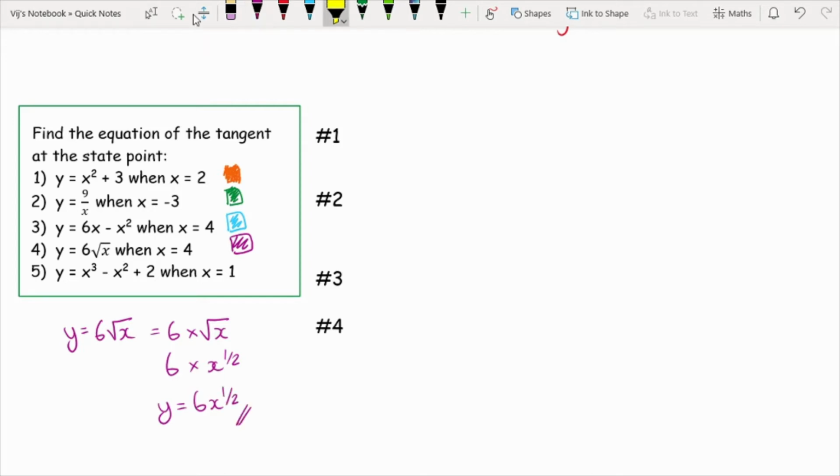So what I'm going to do is use this equation to help differentiate it. So then dy over dx is going to be equal to a half times 6, which is 3, and it's going to be x to the power of minus a half. So then working out the gradient of the tangent, I need to substitute the x ordinate into this.